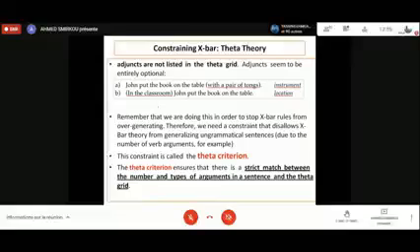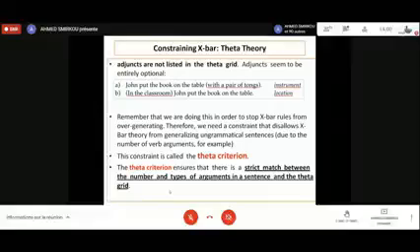Okay? So I repeat, the Theta Criterion ensures that there is a strict match between the number and type of arguments in a sentence and the Theta grid, which means, to put it in simple terms, that if the verb requires 1 argument, there must be only 1 argument. If it requires 2 arguments, there must be only 2 arguments.